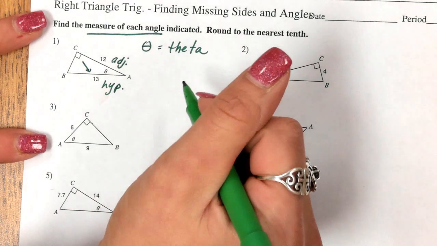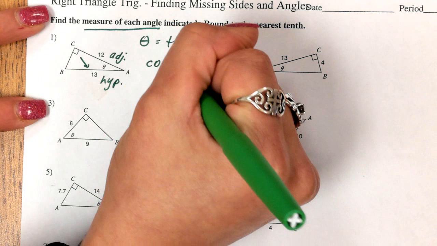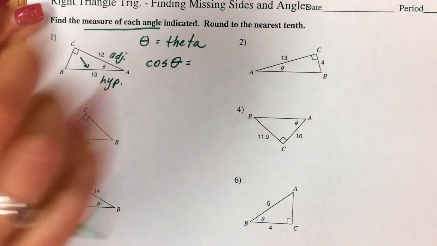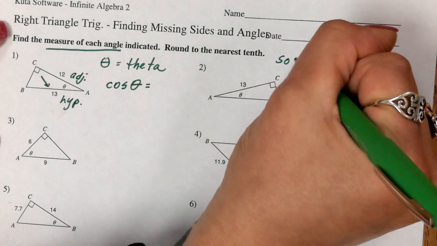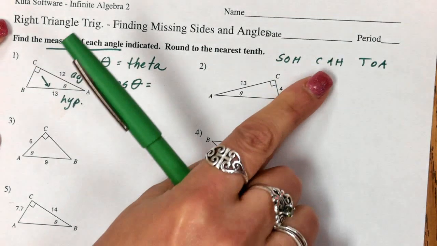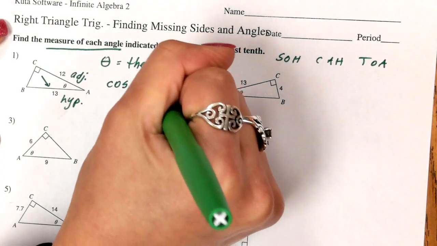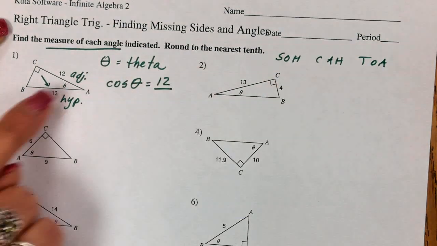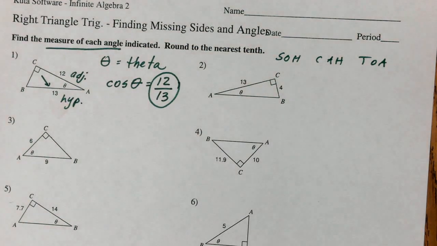That means I'm finding cosine. So the cosine of theta, I'm just going to put the adjacent side, which is what number? 12, over the hypotenuse, which is 13. And that's my answer.